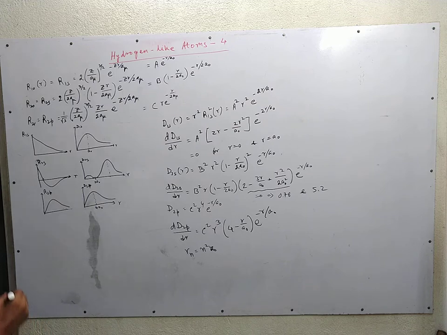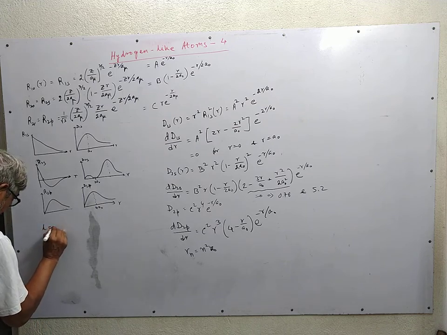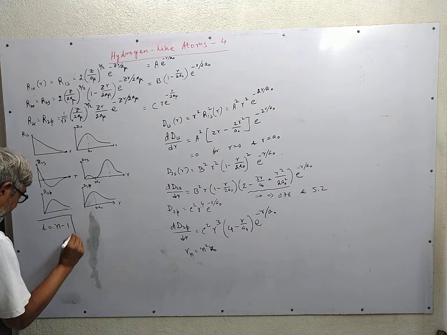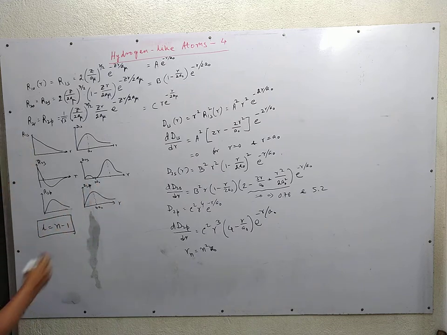Remember that for l equal to n minus 1, it is a circular orbit, and for these circular orbits Bohr's prediction matches with the quantum mechanical prediction, but for other values of l, the quantum theory will differ from that of Bohr's theory.